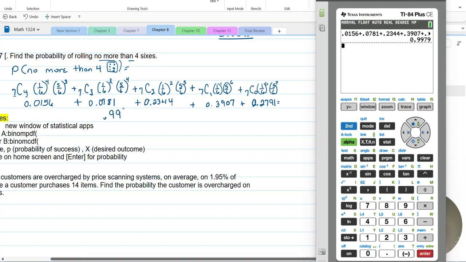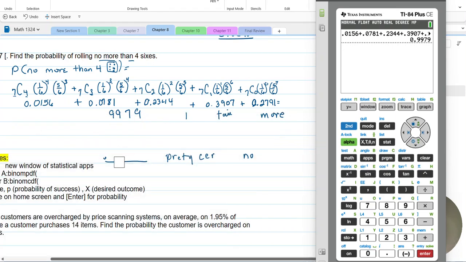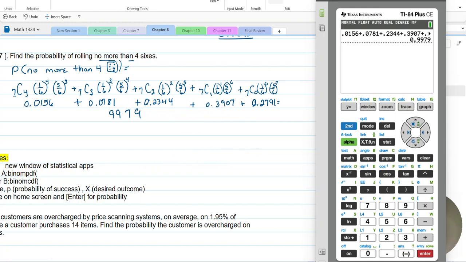Pretty certain that you'll get no more than 4 sixes.